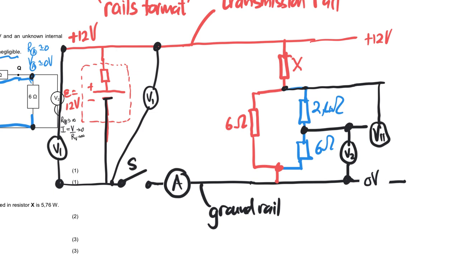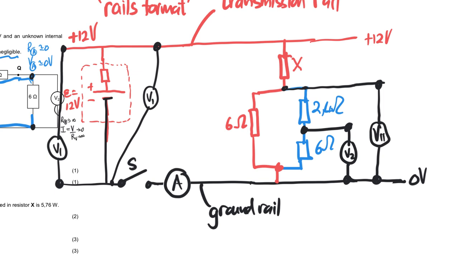So I'm spending a lot of time explaining the rails method. You'd obviously draw it much quicker once you've practiced this. So that's 0 volts. So that would be V parallel. Okay, we just want to make sure that that doesn't confuse you.